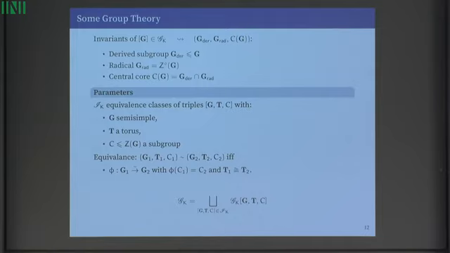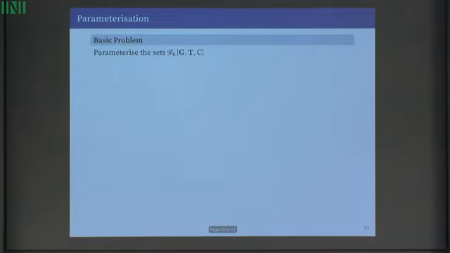And this is going to give you now a partition of these isomorphism classes of algebraic groups. So you just pick the groups that have G as its derived subgroup, T as the connected center, and C as this central core. Okay. So now you have a basic problem where you just want to parameterize these sets.